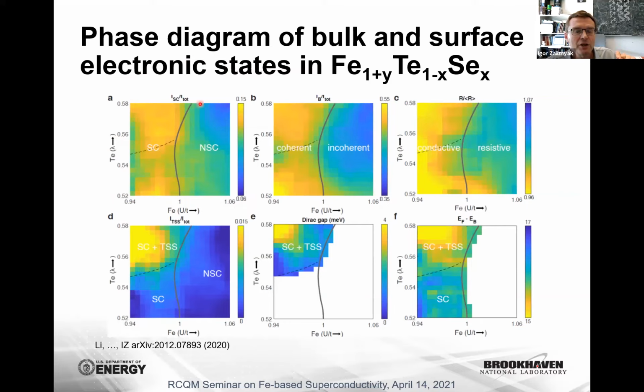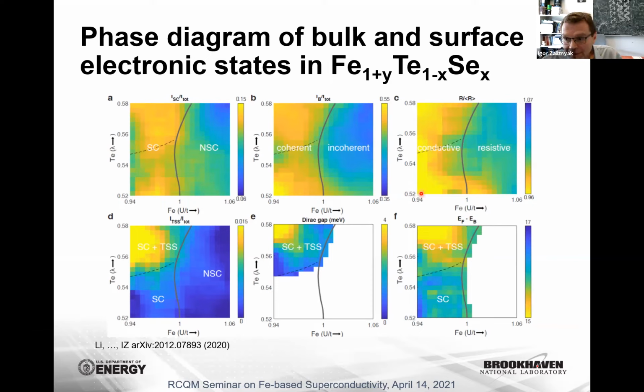Panel A shows the intensity of the superconducting condensate feature, and we see that iron deficient spots have strong intensity of the superconducting condensate feature, while it fades in the region of the phase diagram which is iron rich. Similarly, the coherent bulk band intensity is strong in the iron deficient region, and then it fades in the region where iron content is higher. Among these are those bad spots where we don't see basically the bulk band.